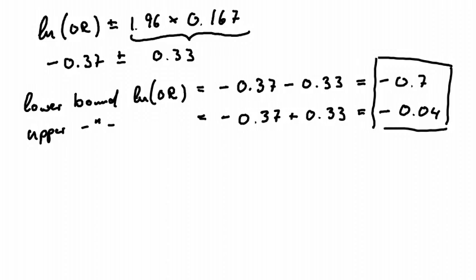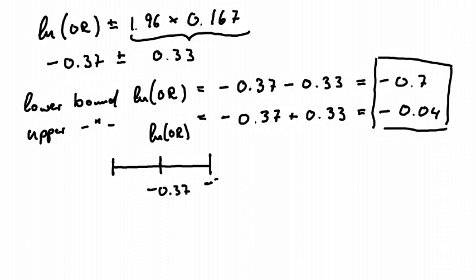And how do we need to imagine that? Here we've got our ln odds ratio, so that here would be negative 0.37. That's the ln of the odds ratio.